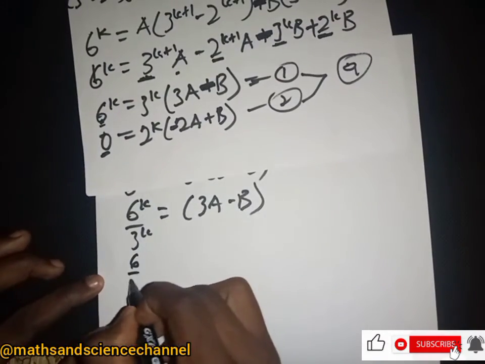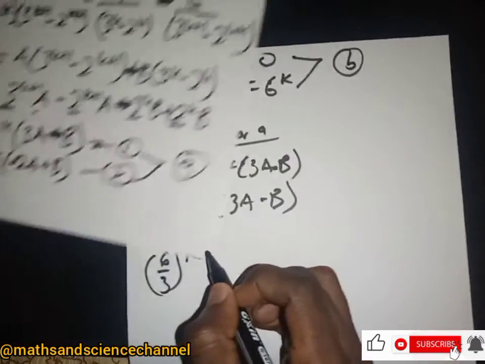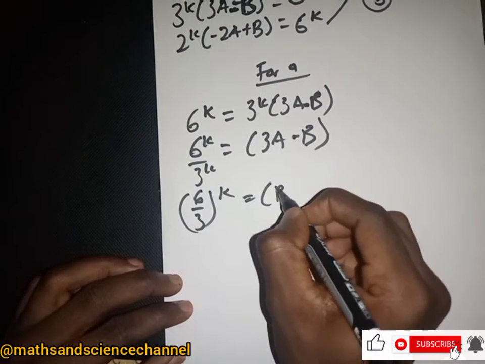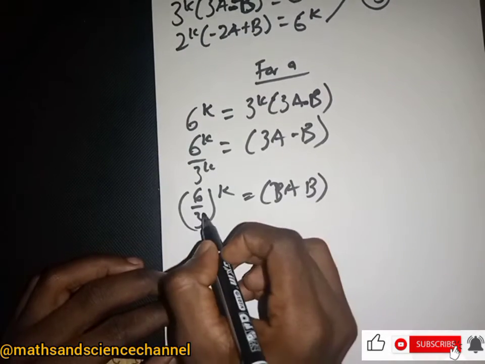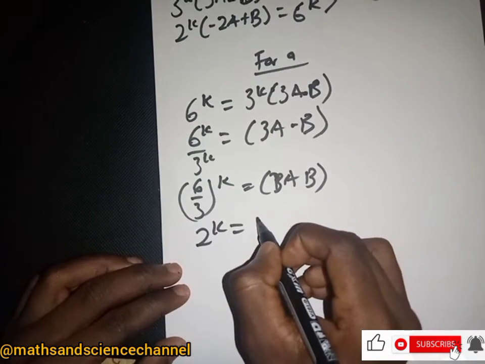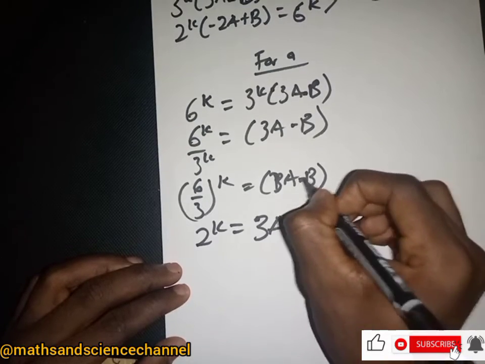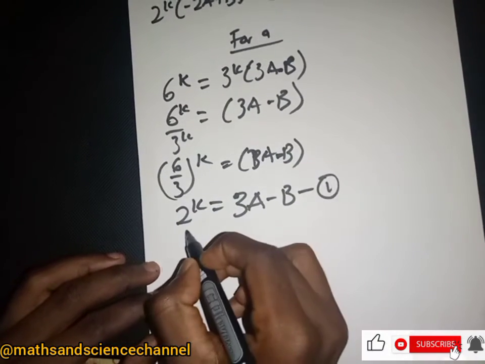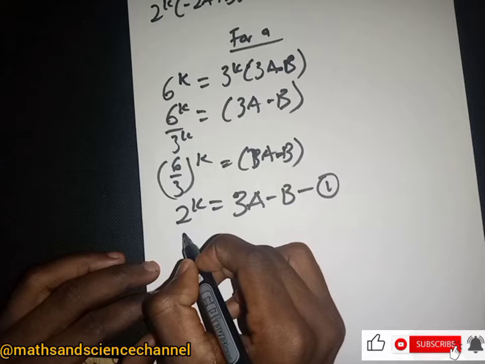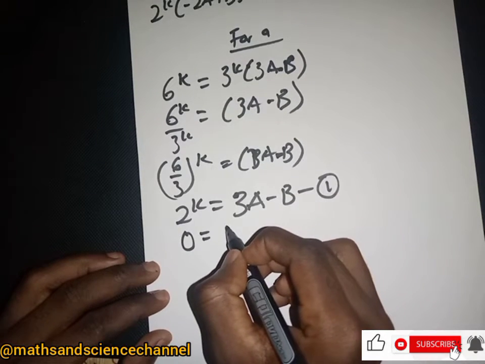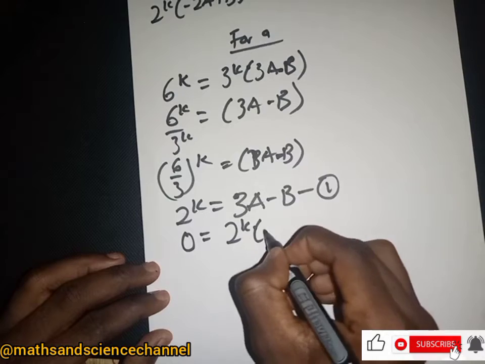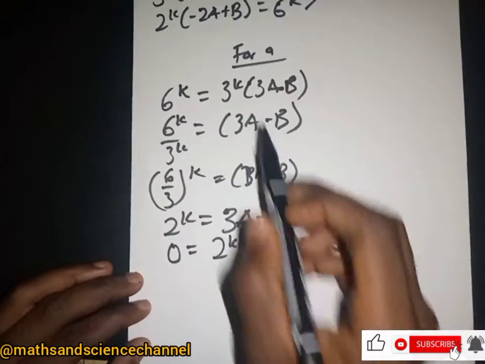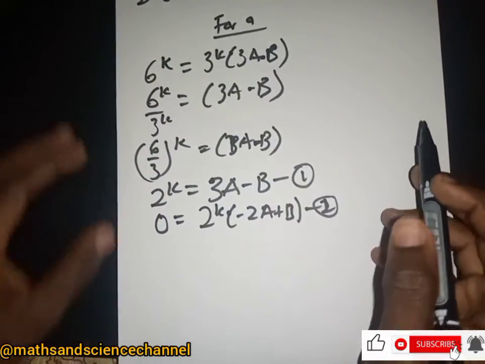So we can have 6 over 3 to the power k, right? 6 over 3 to the power k being equal to 3A minus B. So this is just going to be 2^k equal to 3A minus B. So this is just equation 1. Remember, equation 2 was that 2^k, then we have minus 2A plus B as equation 2. That is for a.